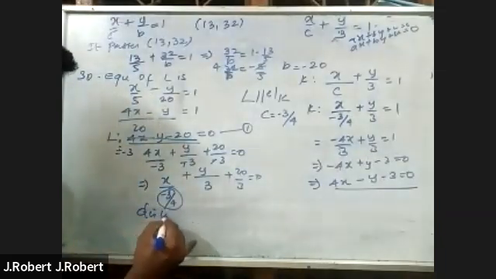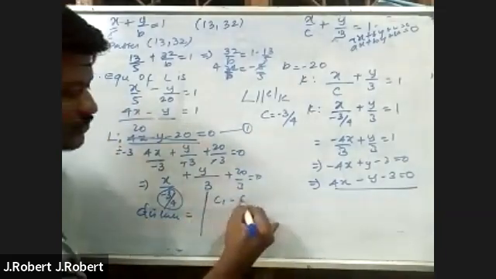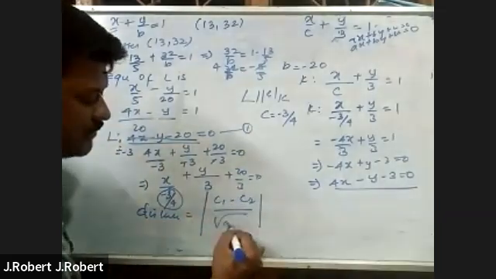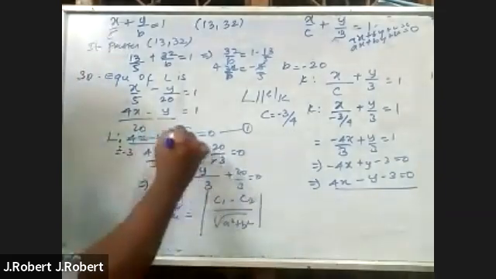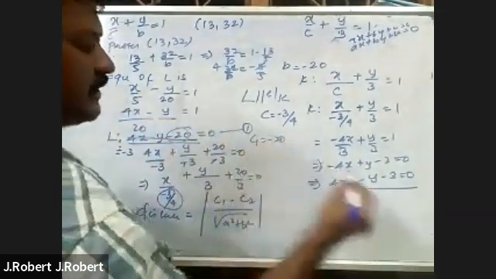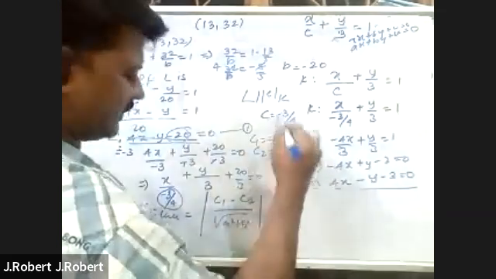We know the formula: the distance between two parallel lines equals |c1 minus c2| divided by the root of a square plus b square. From the first line c1 is -20, and from the second line c2 is 3.